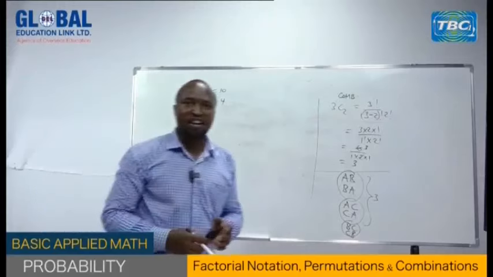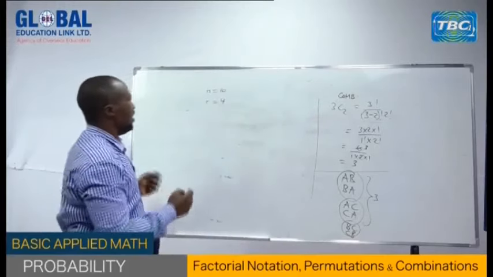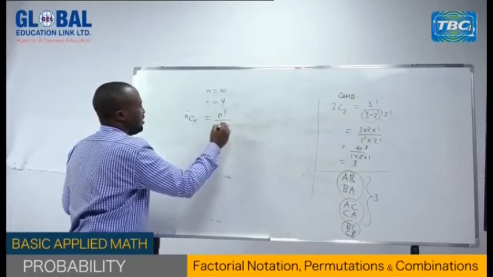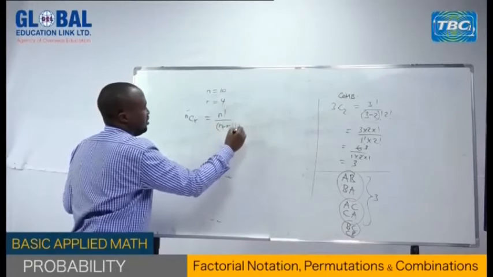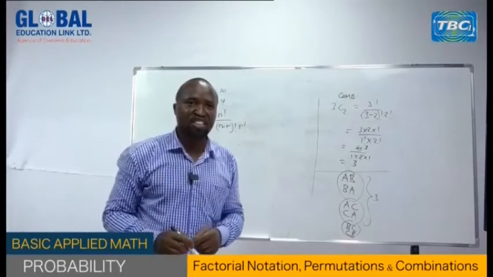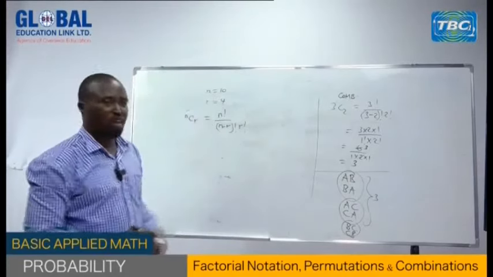Now, by using our general formula, nCr is equal to n factorial over n minus r factorial, then r factorial. That is the general formula for combination. Now let us substitute what we have.